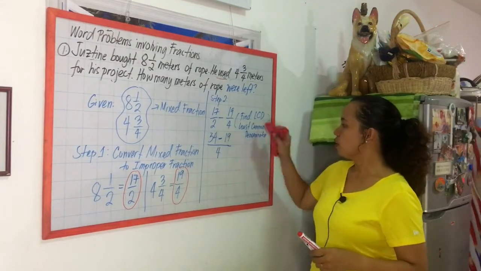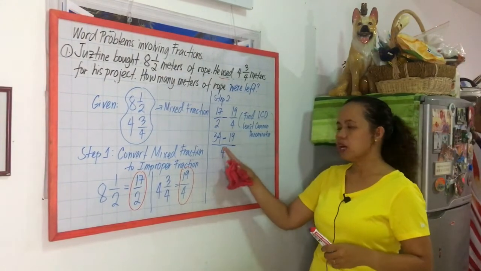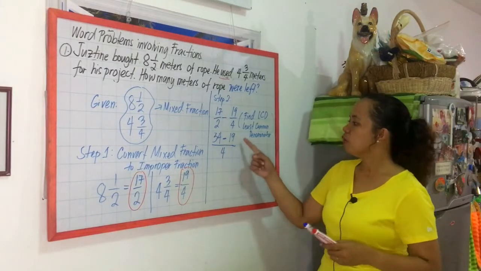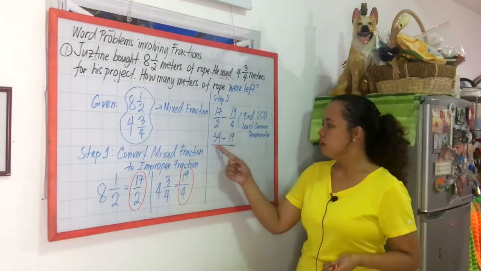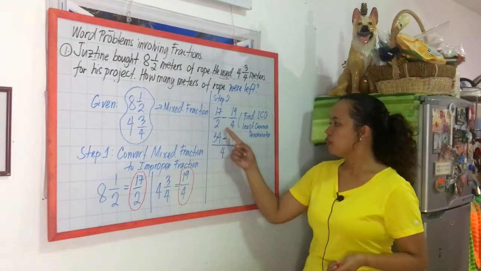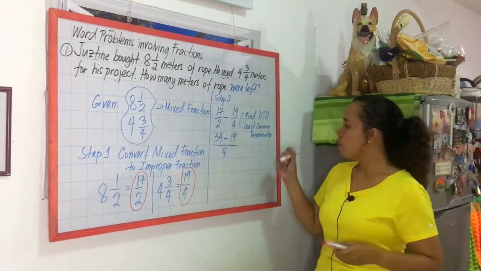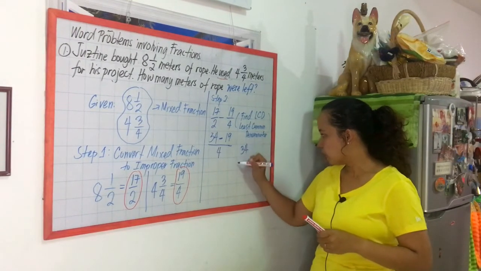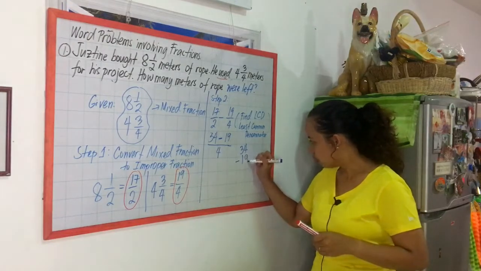Ngayon, pwede na natin siyang i-subtract kasi pareho na yung denominator nila. To subtract, all we have to do is subtract the numerator or yung number sa taas. Kung walang calculator, we can do it manually. 34 minus 19.